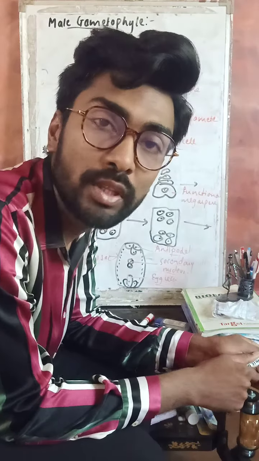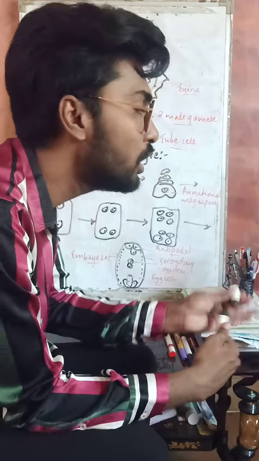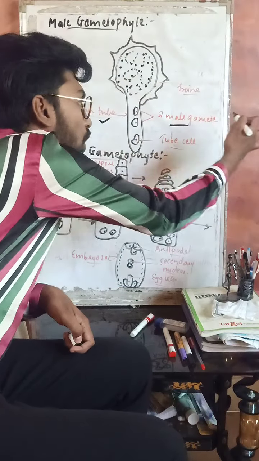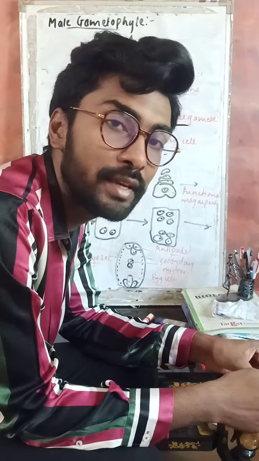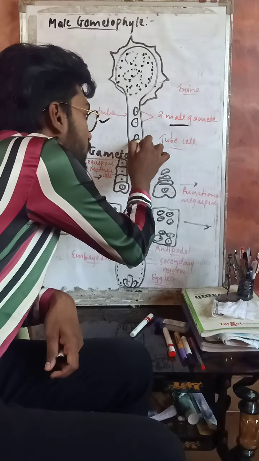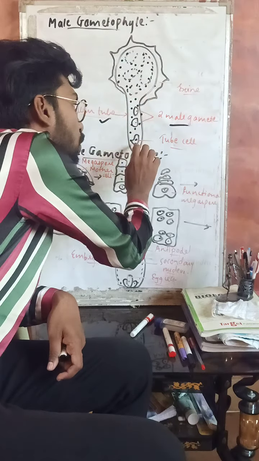Now the generative cell, which is the smaller cell, undergoes mitosis cell division to lead to the formation of two male gametes. Also the tube cell nucleus enters into the pollen tube along with the cytoplasm.